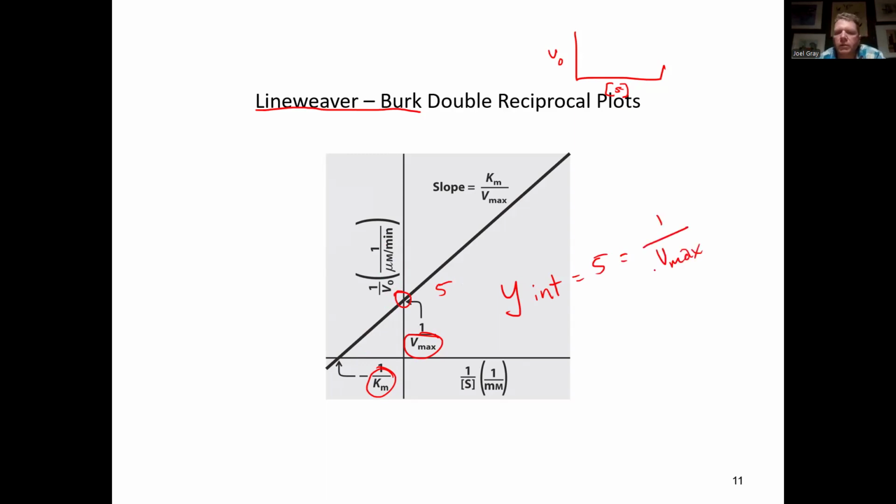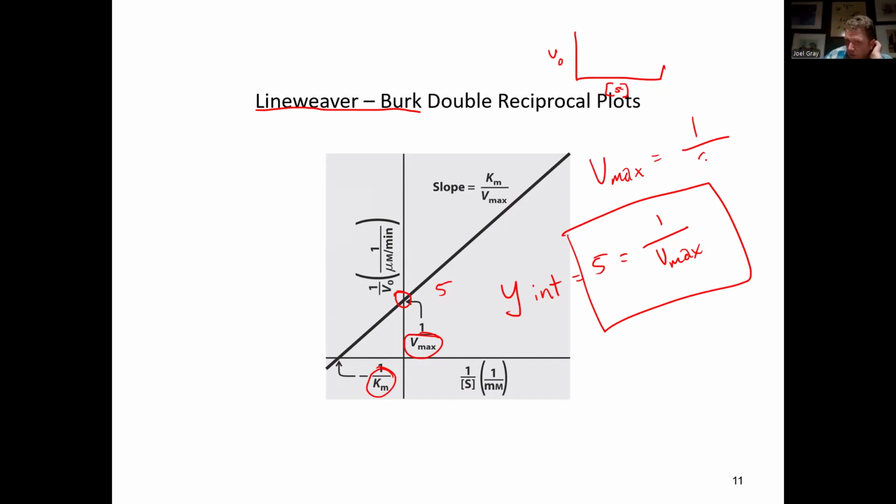One of the things that people always have a tendency to make a mistake on is they say, oh, well, I can see the y-intercept is 5, but that's a reciprocal value, so it's 1 over 5. So then they say 1 over 5 is equal to 1 over Vmax. That's simply not the case. Instead, your y-intercept is equal to 1 over Vmax. So you would say, you do the algebra, that 1 over Vmax is equal to 5.